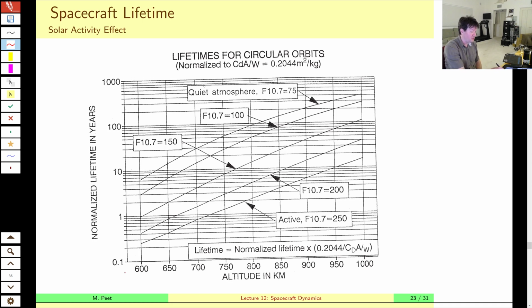We can take this plot out further, and then as we get out further beyond 600, now we're estimating our lifetime in years, right? So same conversion: the predicted times 0.2 divided by ballistic coefficient. We again see this large range from a solar max. So here we have 2 orders of magnitude.